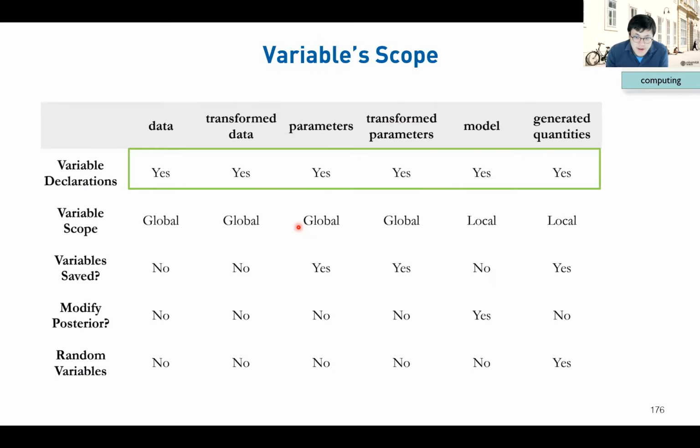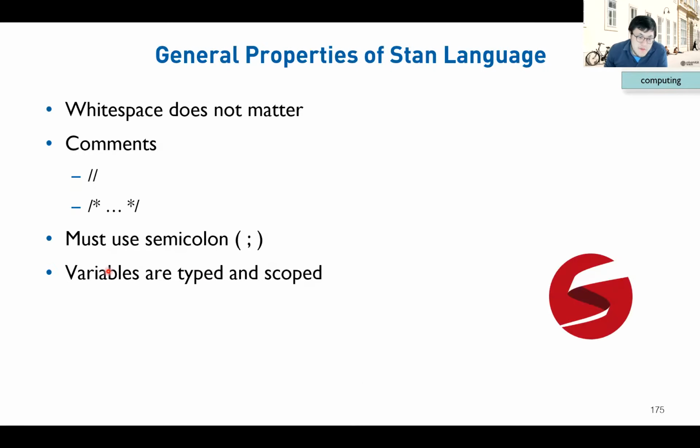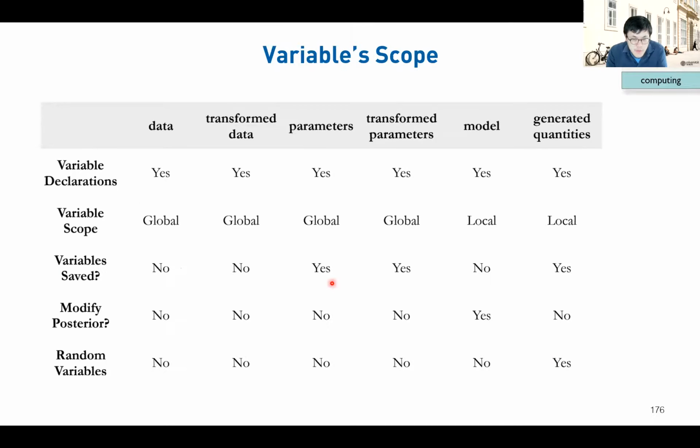Okay, then I'm going here. I said the variables are typed and scoped. I explained the type. You have to give a type to the variable. You have to specify it. What does scope mean? Scope means where do I know it, how widely one variable is known. How can I give one example?